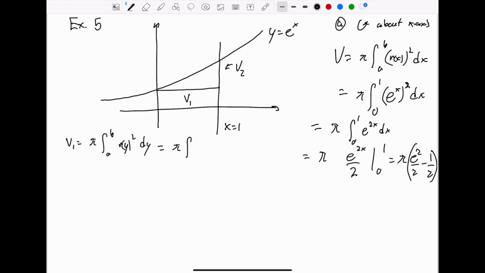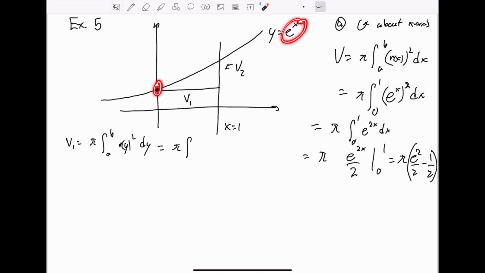What are the limits of integration? Well, we're integrating along the y-axis. We're integrating from smaller values up to larger values. So for V1, we're integrating from this value to this value. We need to determine where this function crosses the y-axis. Well, when x equals 0, y equals 1. Plug in 0 into the function, and we have e to the 0, that's 1.